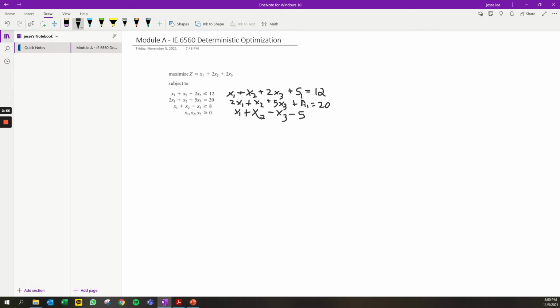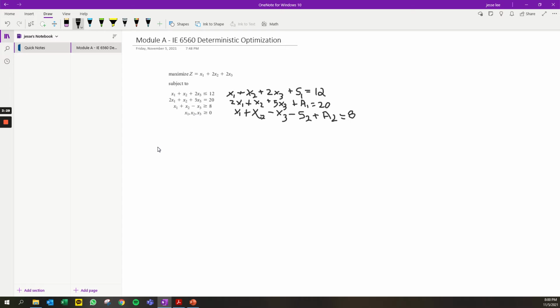Here we already have an s1, so we'll put s2, and then after we subtract an s, we have to add an artificial variable. Since we already have an a1 in our second, we'll say a2, and then we make it equal to 8. Okay. And now that we have written our three constraints, we can start our initial Simplex Tableau.